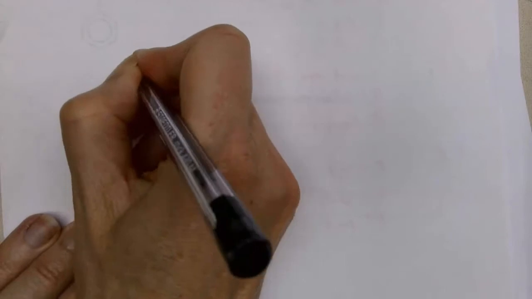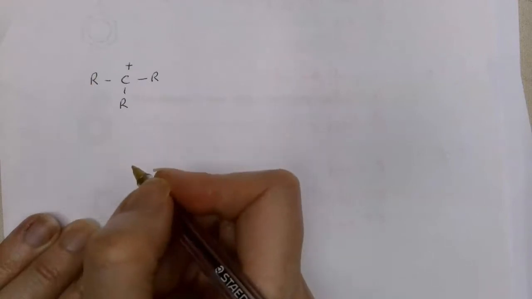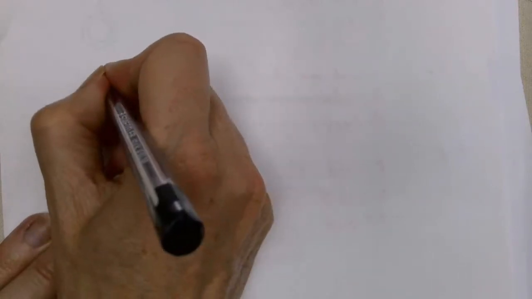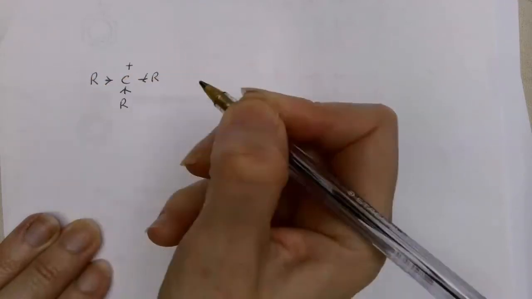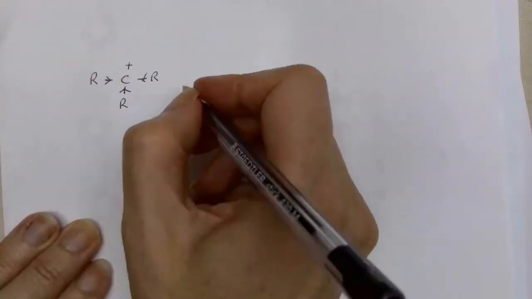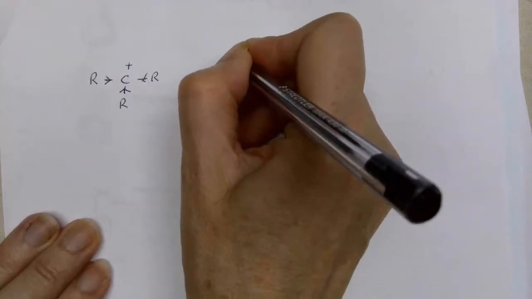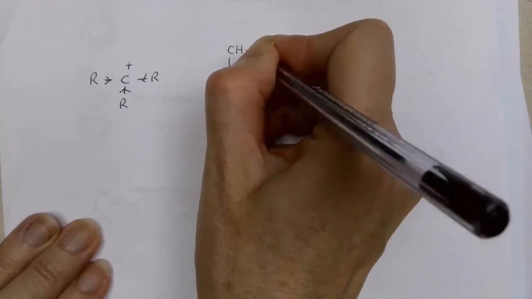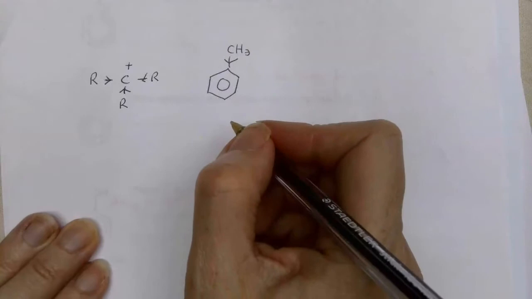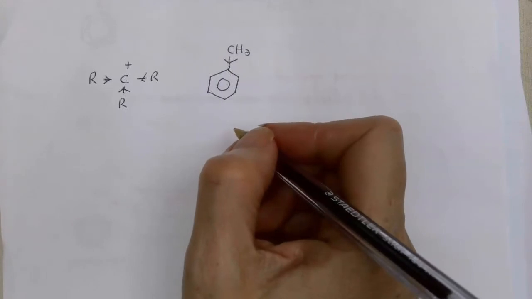If you remember back to your lower sixth chemistry, we had an intermediate carbocation, and we said one of the reasons that a tertiary carbocation was so stable was that it had three alkyl groups weakly donating electrons onto that carbon, stabilising that positive charge. Well, that's exactly the same principle that's going on this time. My benzene ring is having its electron density increased by the inductive effect of having a methyl group on there. So that methyl group weakly donates electrons into the ring.